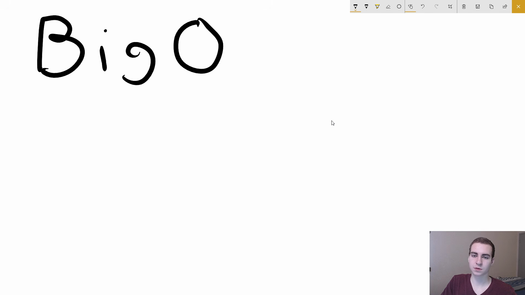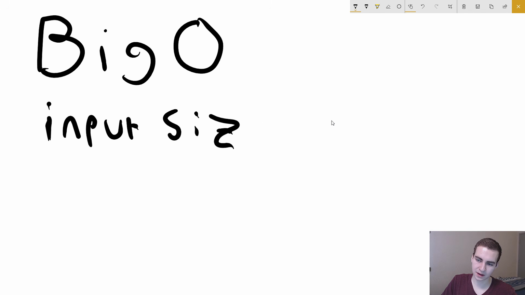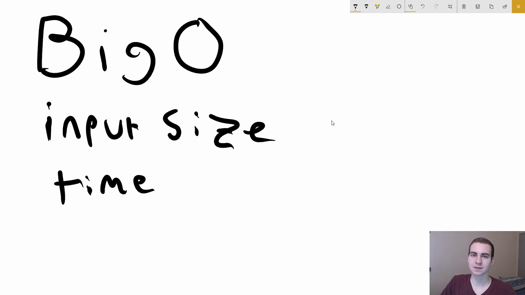So what we're mainly focusing on here is input, okay? Specifically input size, and that's going to be related to time. So based on some kind of input size, how much time can we relatively expect this algorithm to take? Now, I'm not saying we're going to measure it in seconds. We're actually just going to measure it in relative operations.